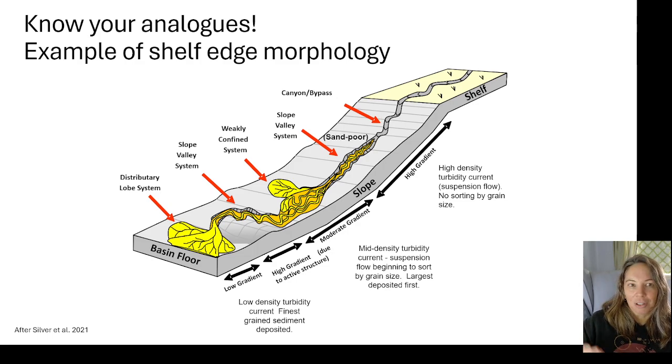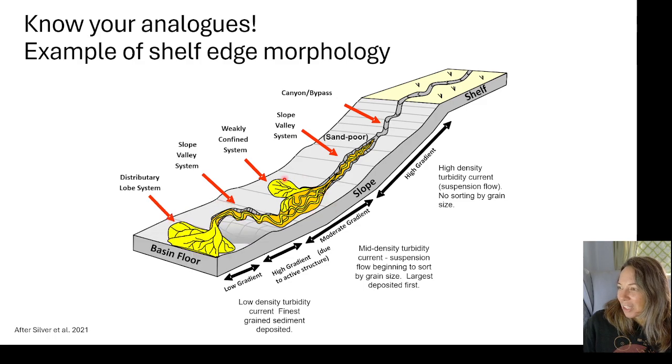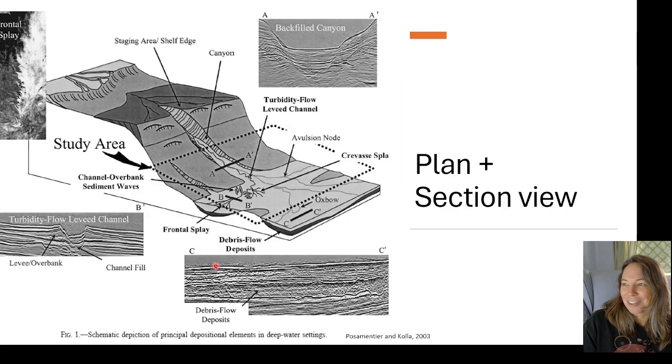As we come off the shelf, we'll have perhaps more of a canyon bypass channel system. We may get into a slope valley system, as I'm showing over here. It may be weakly confined, depending on if the gradient changes, or when we get to the basin floor and have a very low gradient, we may see some of those distributary lobe systems, those fans, those lovely sheet sands that are great reservoirs. So know your analogs first off.